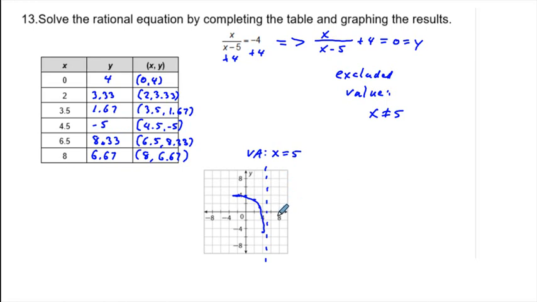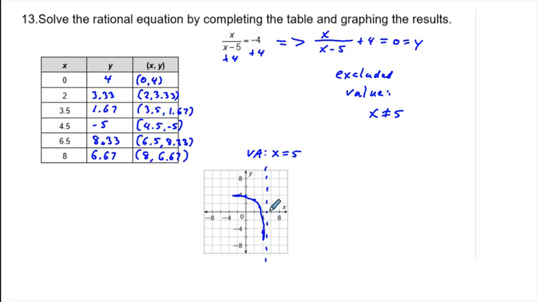Okay, 4.5, negative 5 is not on the right side, that's on the left side. So that's down here. 4.5, negative 5 is going to be about here. There we go. Okay, now the right side.